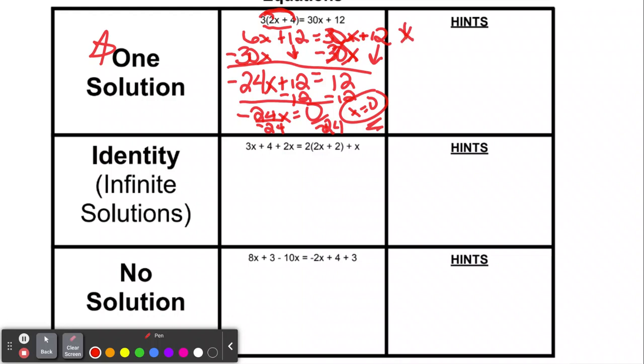One solution equations, the key to what you can look for is there are a different amount of x's on each side of the equation.